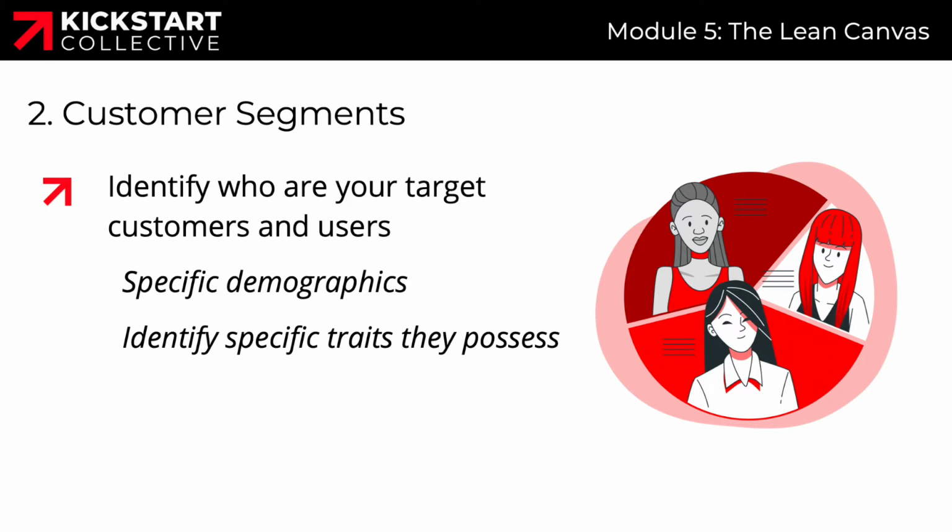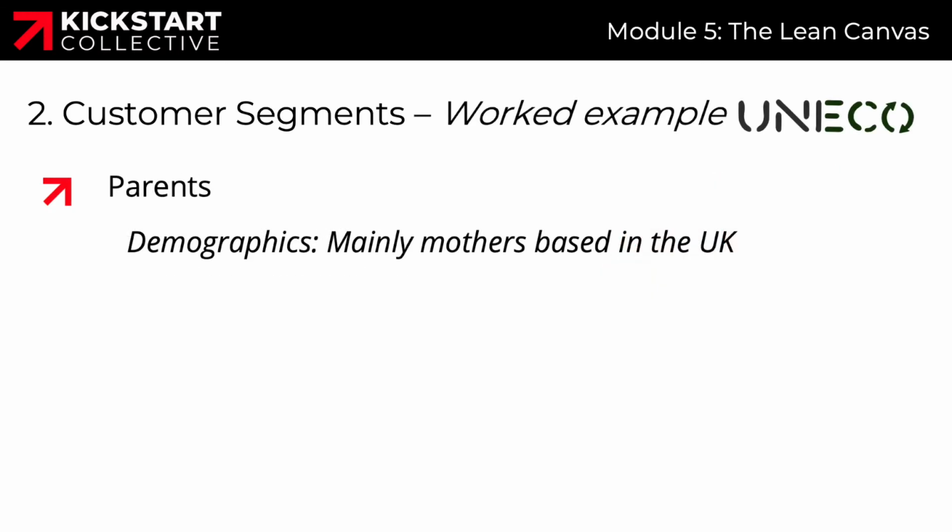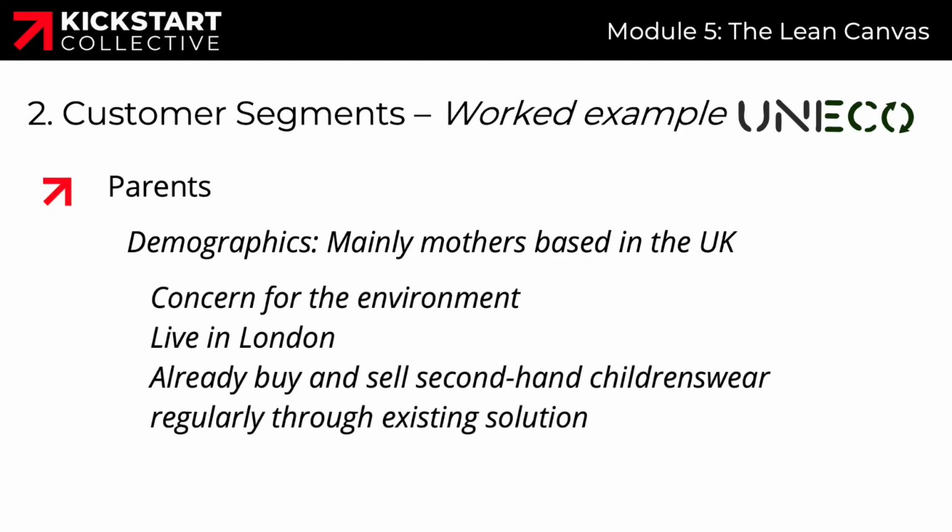Here's a worked example again. Uneco's customer segments are parents, mainly mothers, in the United Kingdom with school-aged children under 15. The characteristics that the startup looks for in early adopters are concern for the environment, living in London, and already buying and selling second-hand children's wear regularly through existing solutions.